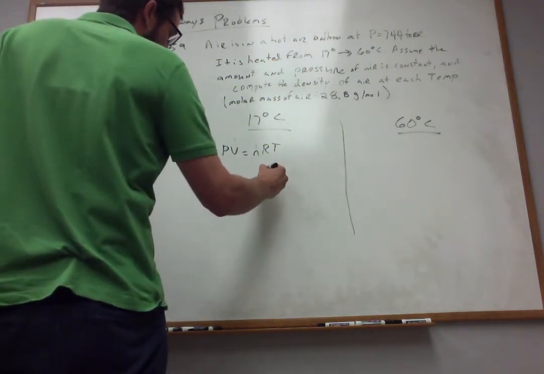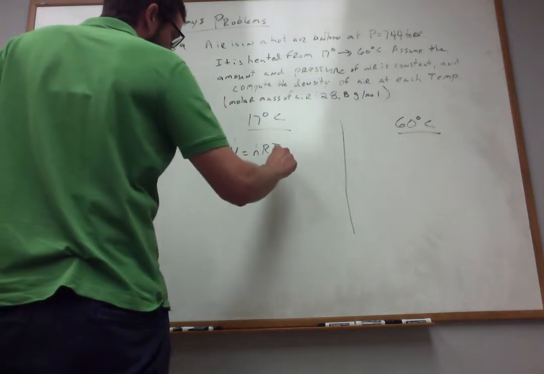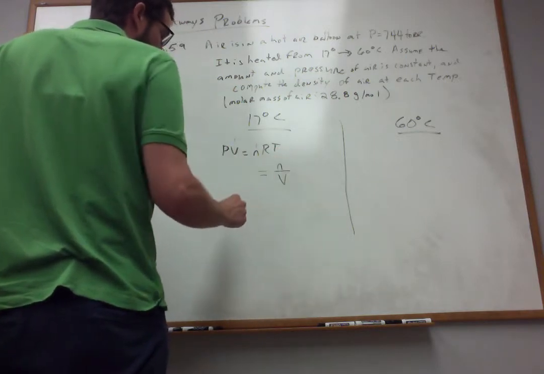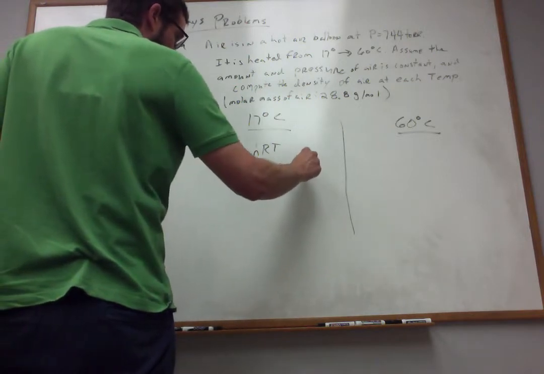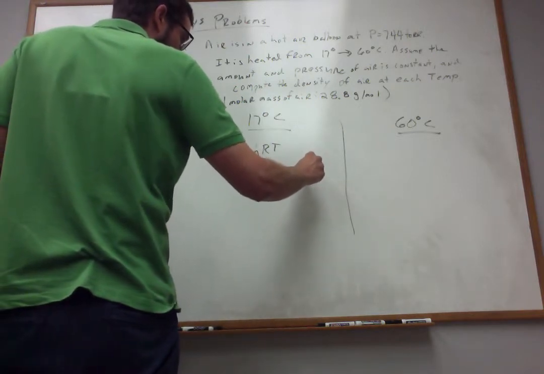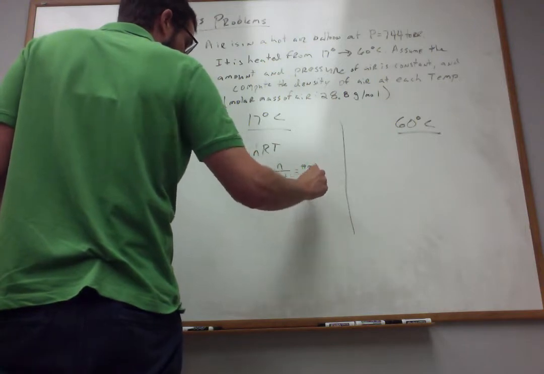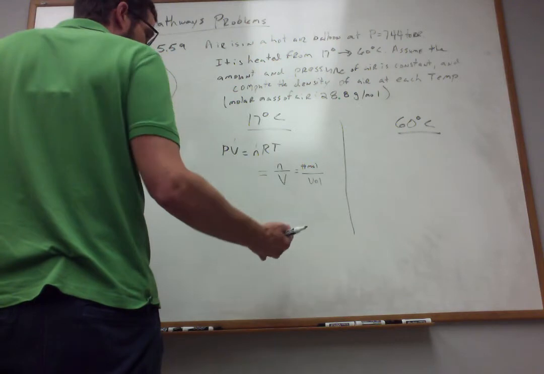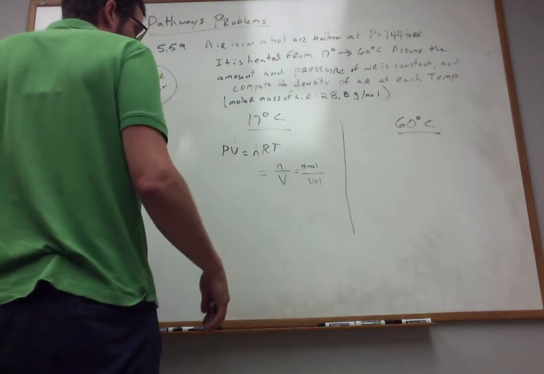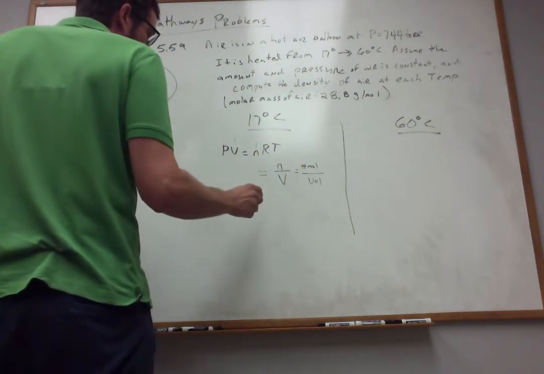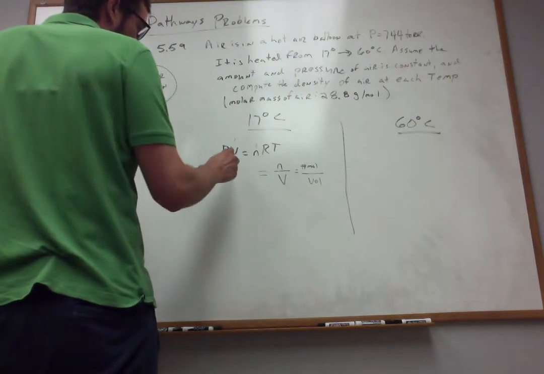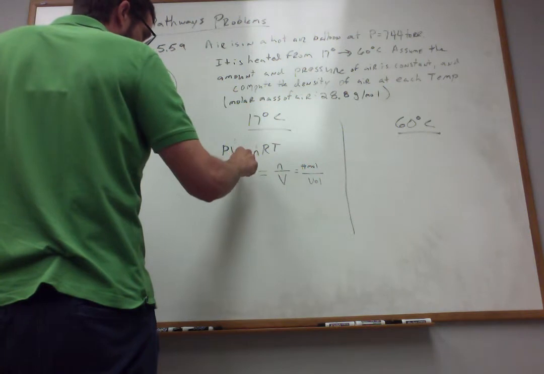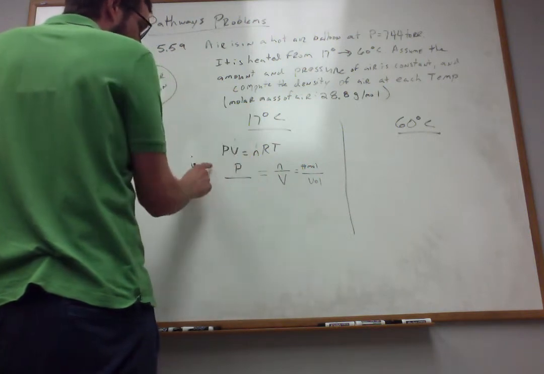I could, in fact, rearrange this equation such that I have n divided by V, which of course is the number of moles of the gas divided by the volume of the gas. If you start thinking about it, that tells me something about the mass per unit volume, which is akin to a density. What did I need to do to make this? Well, I had to divide both sides by V first off, which leaves P out by itself on the left side.